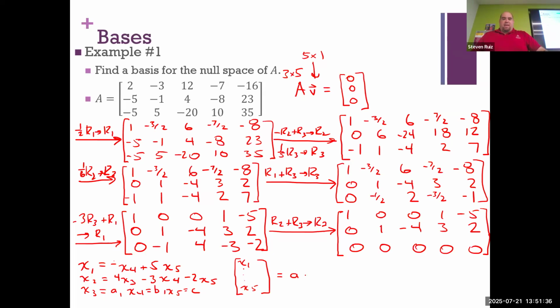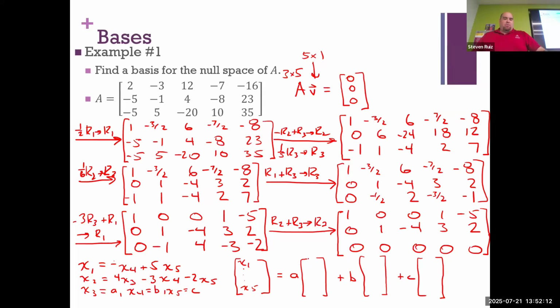It'll be something in terms of A plus something in terms of B plus something in terms of C. I think all these have to have 5 entries, right? So let's be careful. A belongs to x3, right?